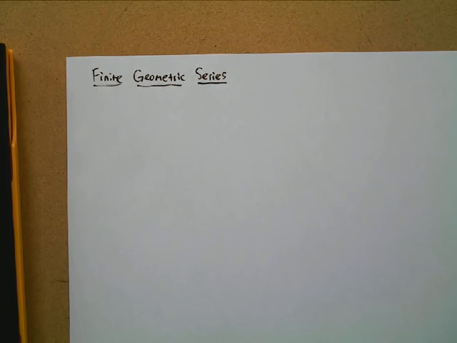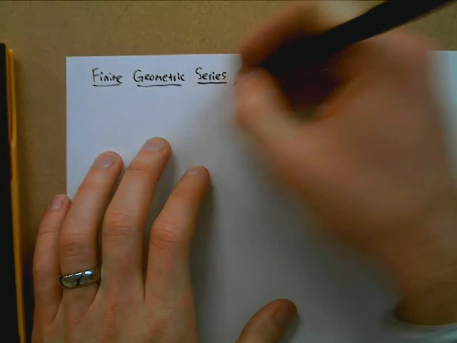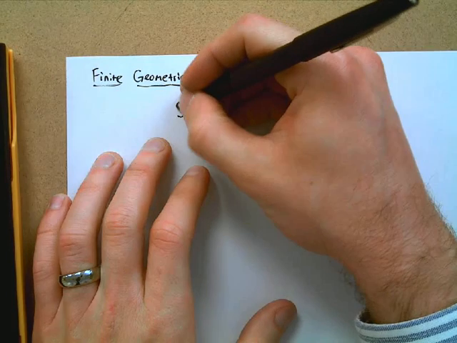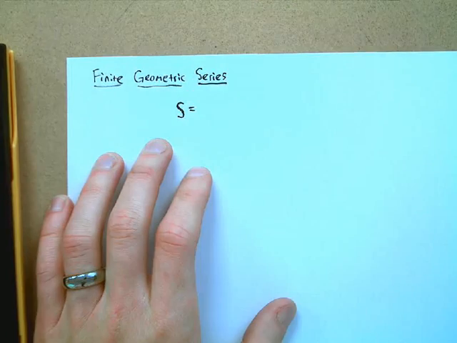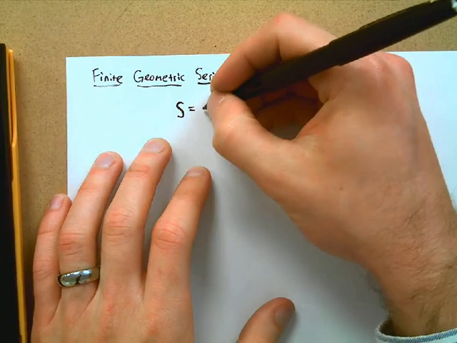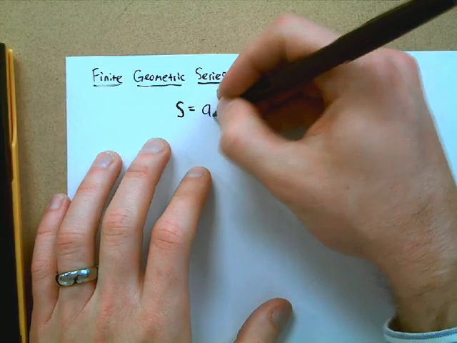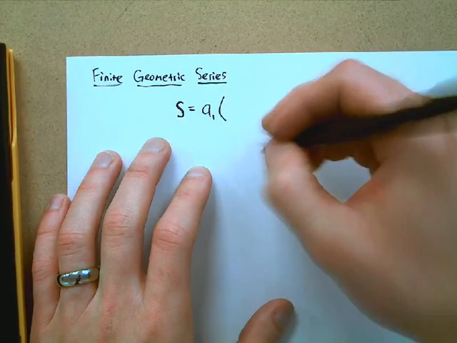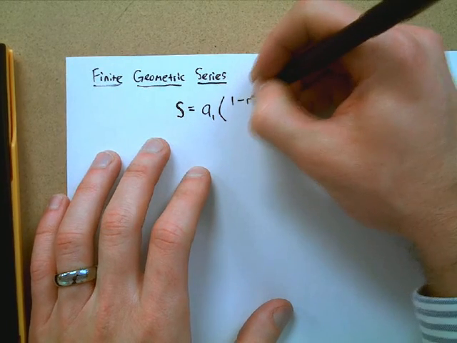Okay? And again, this formula you will be given. The sum, okay, is the first term times 1 minus r to the n over 1 minus r. Please make sure you use good parentheses here too, especially with this fraction.